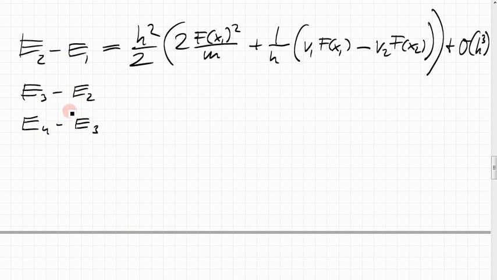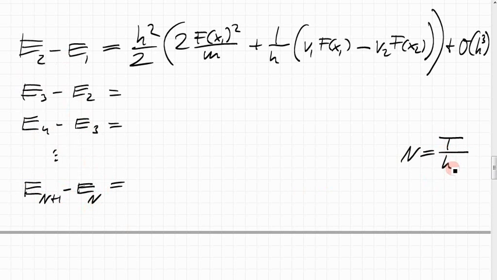All these increments, typically increments, not decrements, of energy and so on. And maybe some final one. Let's call that E n plus 1 minus E n. I want to simulate a given time. So this n should be that fixed given time over the step size. This is how many steps I need.